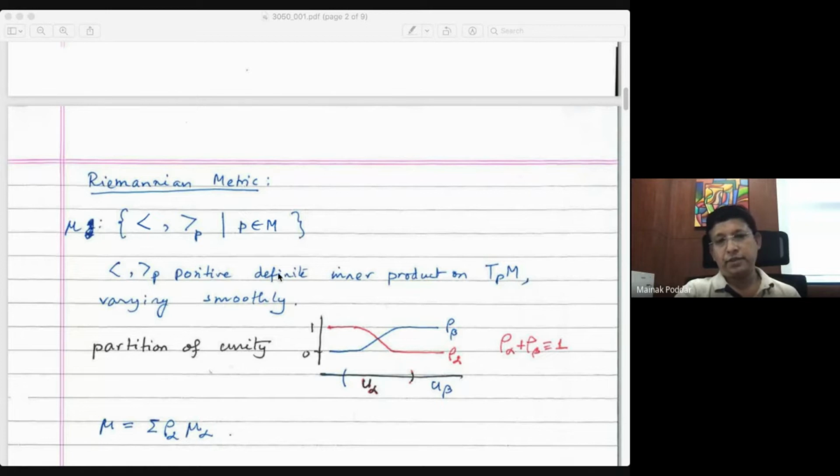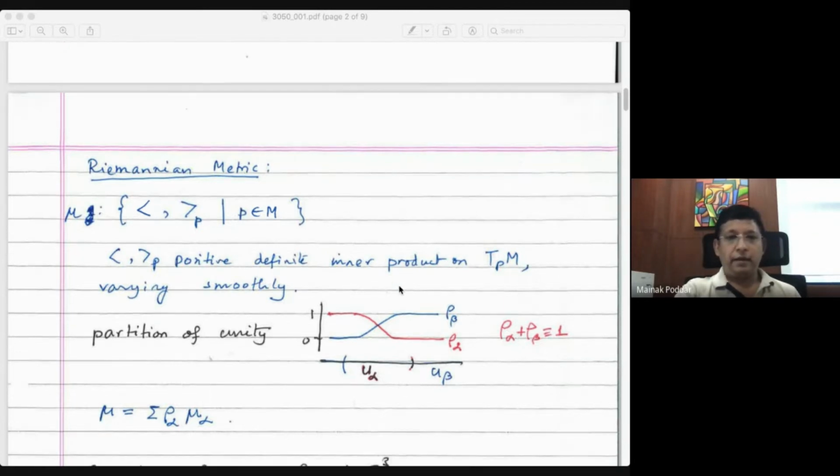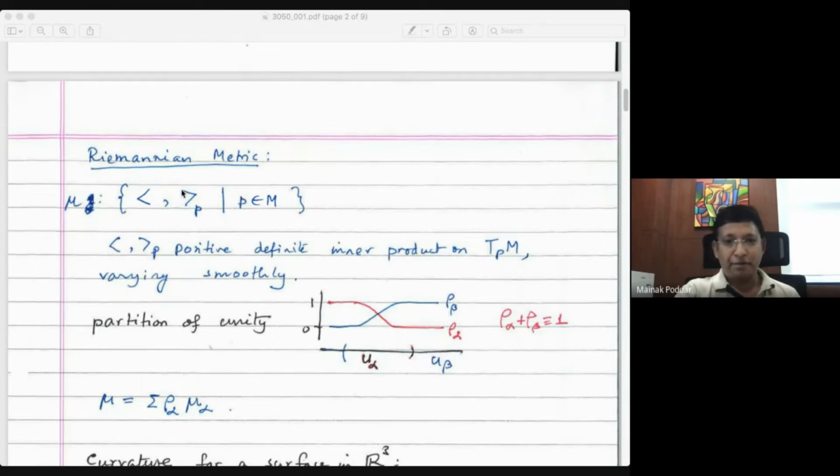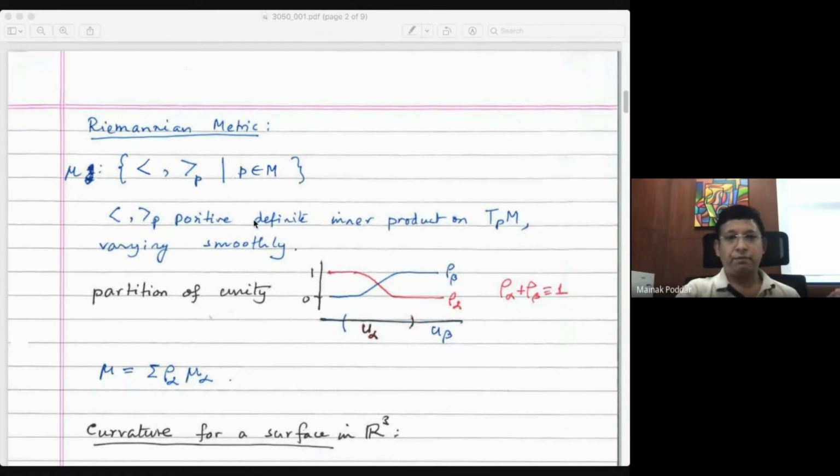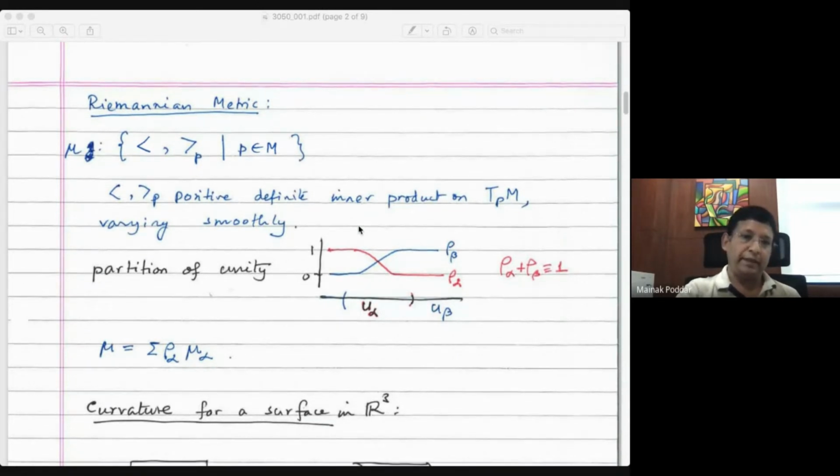So on each tangent space, you will have a notion of length and angle. And suppose your inner products, which I'm looking at as a family, also vary smoothly. Then, as a positive definite inner product, it's called a Riemannian metric.